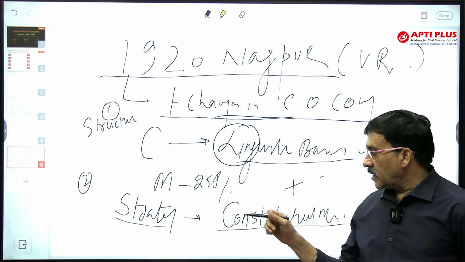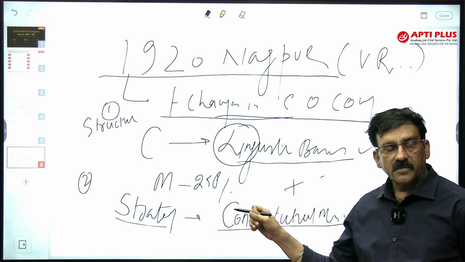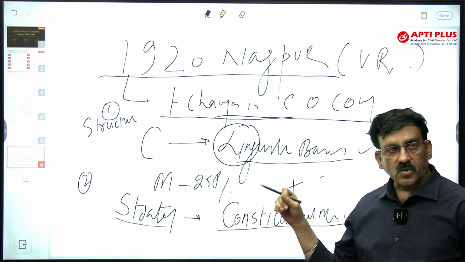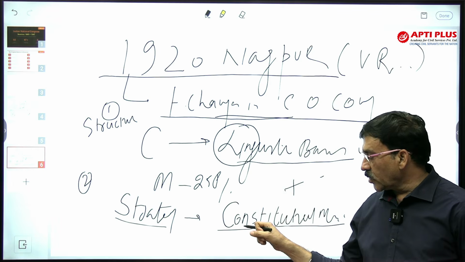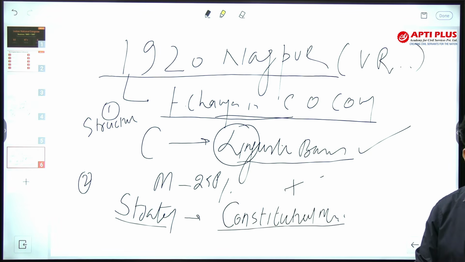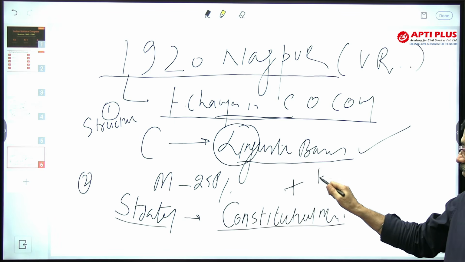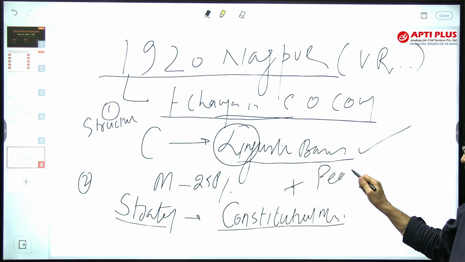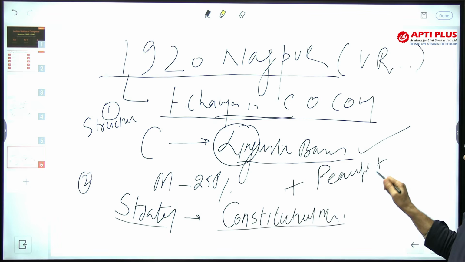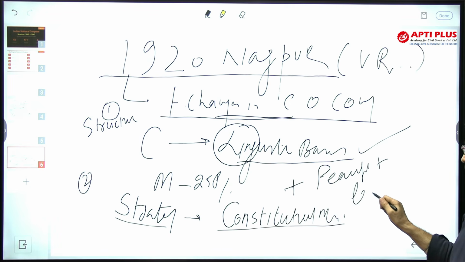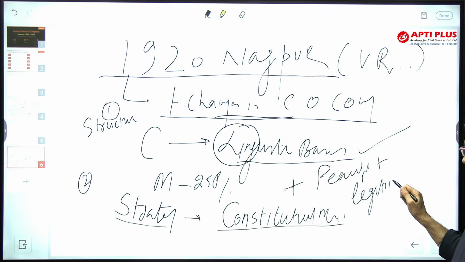He is saying, now the goal of Congress is to achieve Swaraj. Goal is the same. Not only by this, but by peaceful and any other legitimate means. Legitimate.